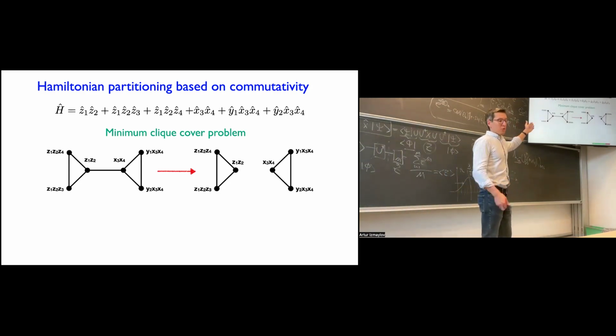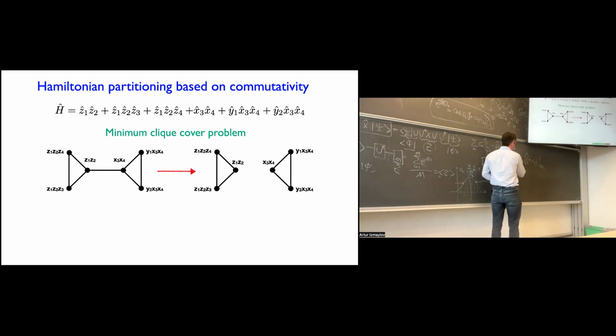Because it turns out commutativity is a binary relation without transitivity, and therefore graphs are ideal to represent it. You could think of it like a friendship, right? A friend of your friend is not necessarily your friend. And that's like three operators. A may commute with B, and B may commute with C, but C and A don't need to commute, right? So that's why we use graphs.